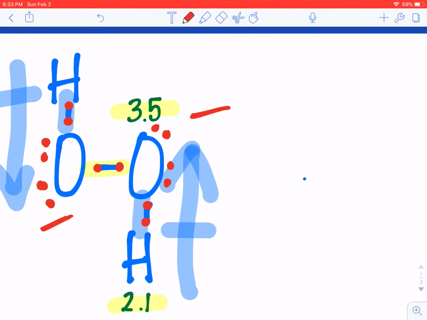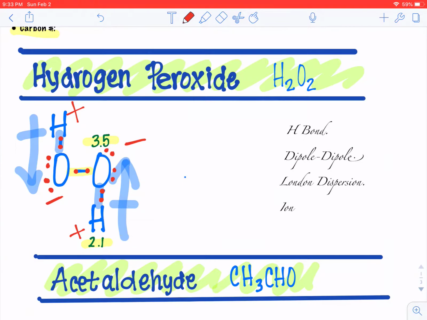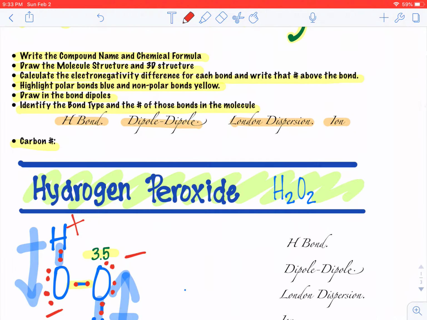And then we have some portions of our molecule that are positively charged. And so for sure you can see that there's going to be some attraction going on in hydrogen peroxide with neighboring hydrogen peroxide molecules.